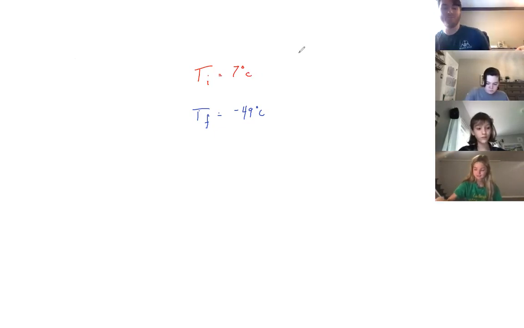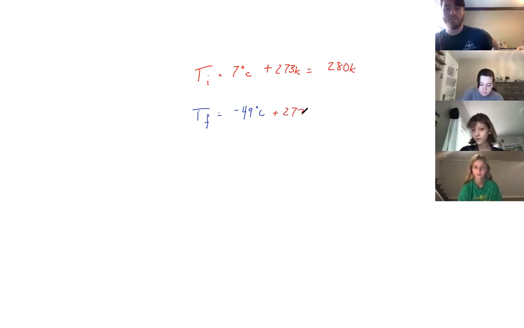So if I want both of these in Kelvin, I'm just going to add 273. This one's 280 Kelvin. This one plus 273, oh, I don't want to do that in my head. Where's my calculator?